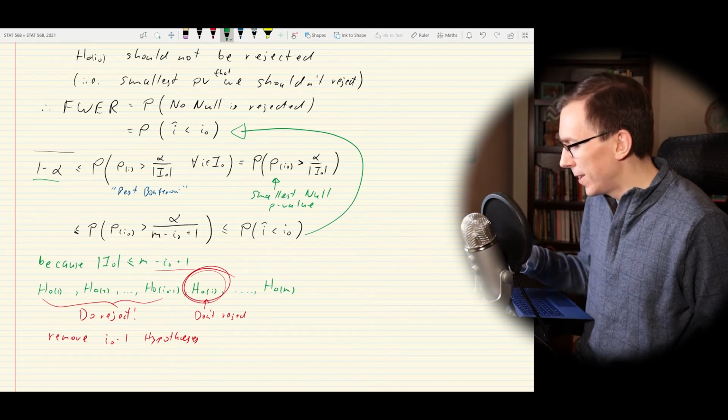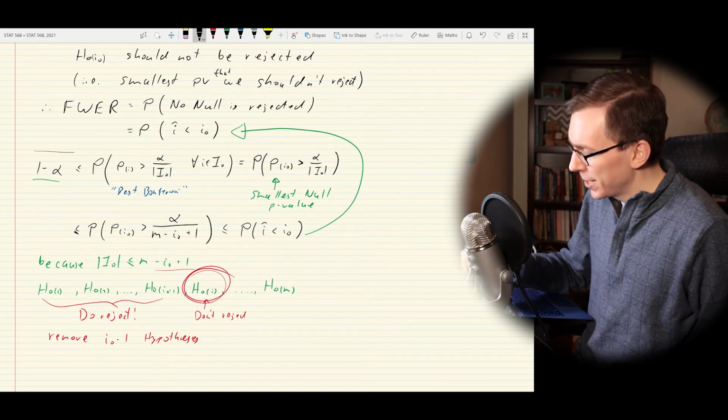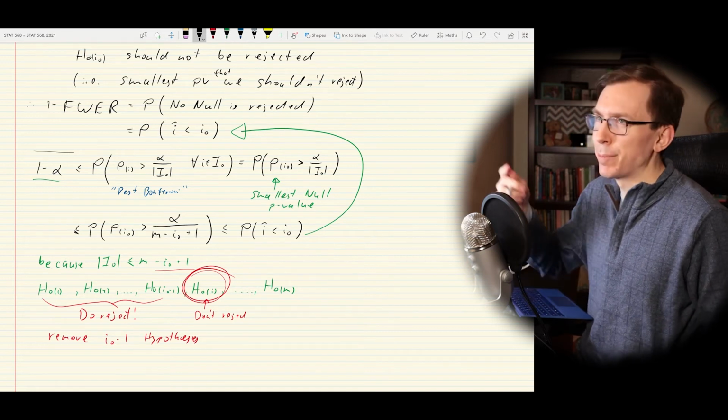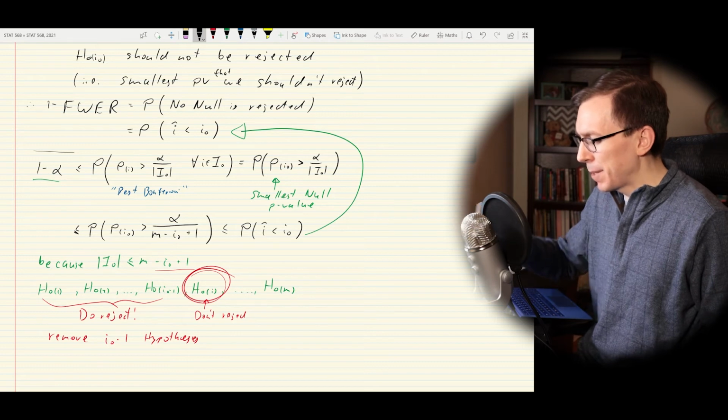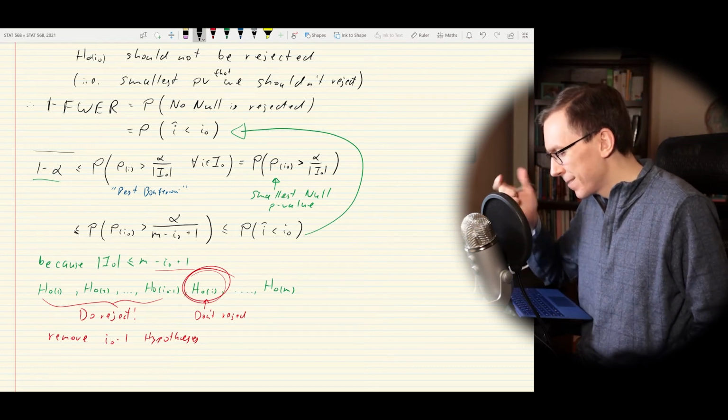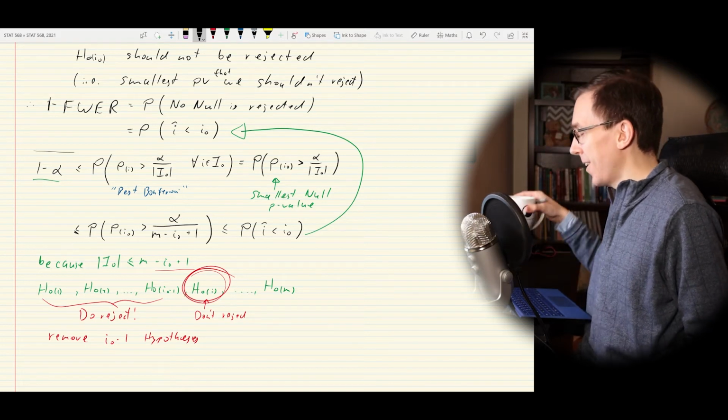Oh, sorry, that's what I did wrong. 1 minus the family-wise error rate is the probability that no null is rejected. The family-wise error rate is the probability of at least one false rejection. So I had that flipped. All right.